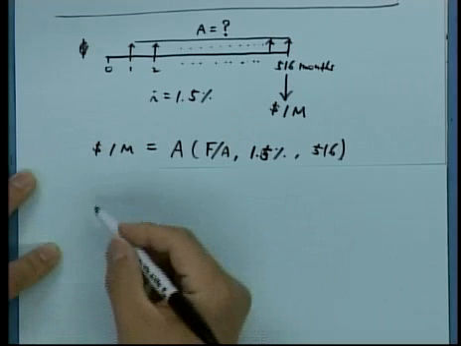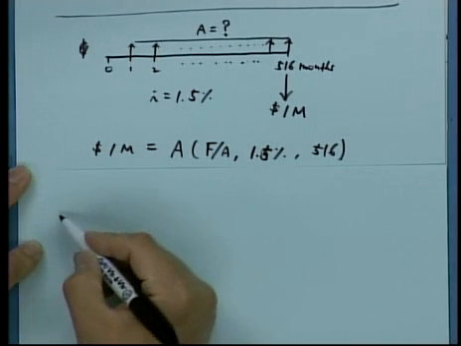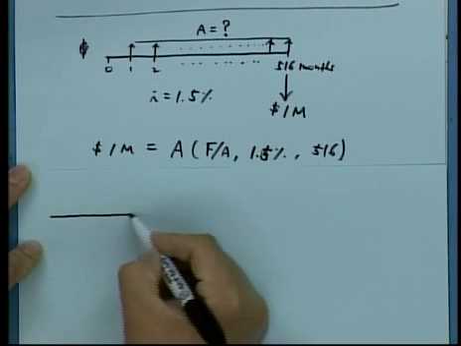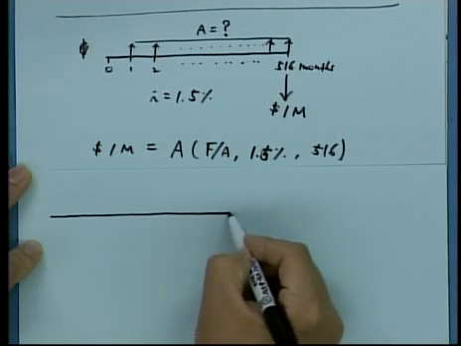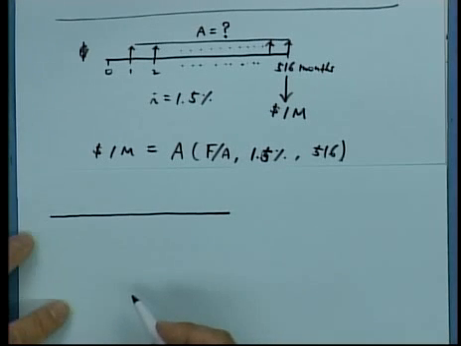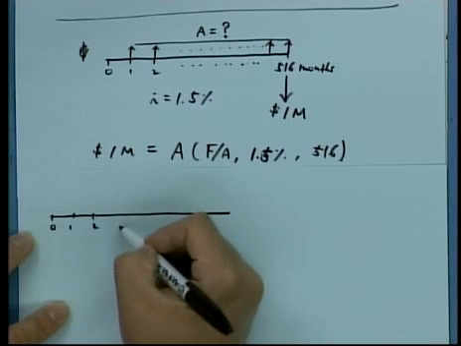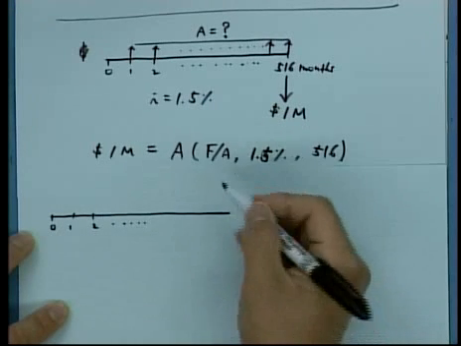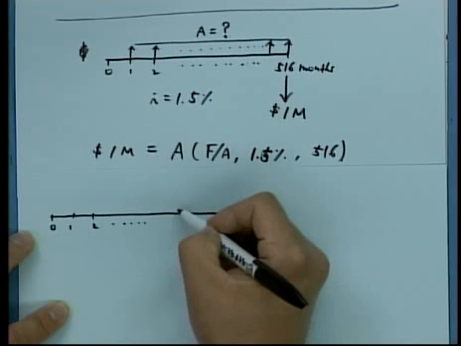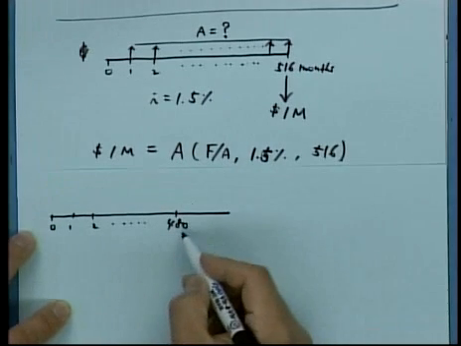So the first diagram contains the uniform series for the first 480 month period.